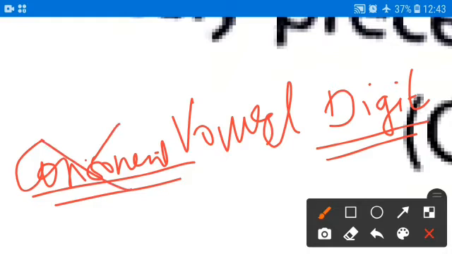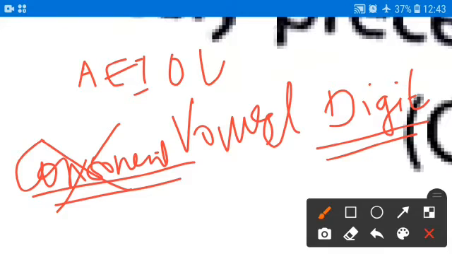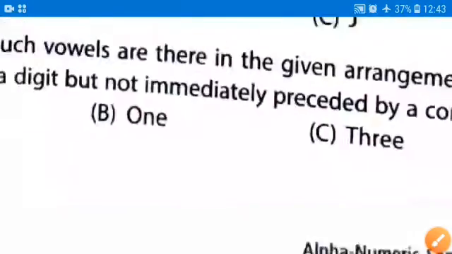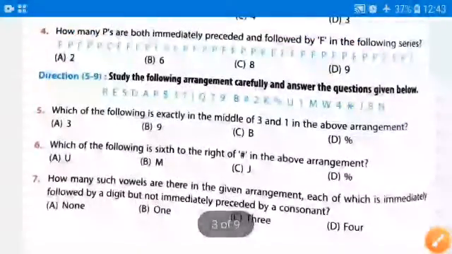You might know vowels are A, E, I, O, U, and all the rest of the alphabets are consonants. So let's check the condition from the given arrangement.